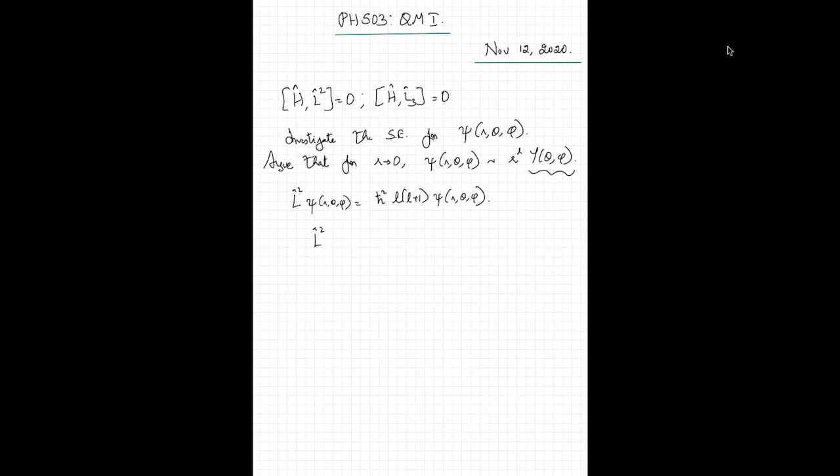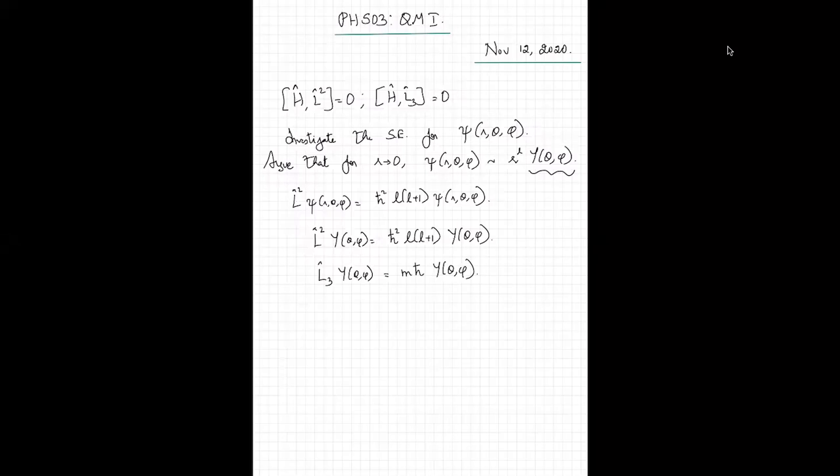So we can write L squared Y of theta, phi equals h bar squared L(L plus 1) Y of theta, phi. Since we are looking for simultaneous eigenfunctions of H, L squared and L3, L3 acting on Y of theta, phi should be equal to m h bar Y of theta, phi.